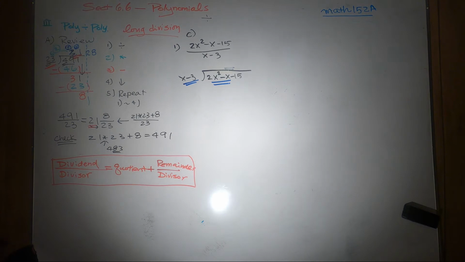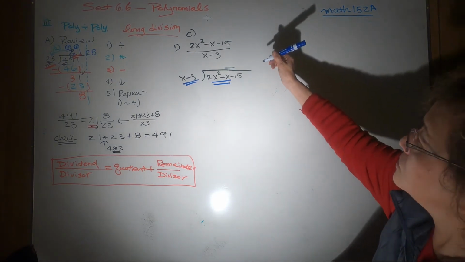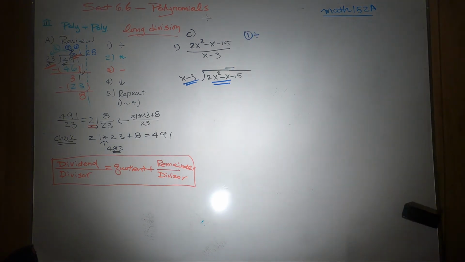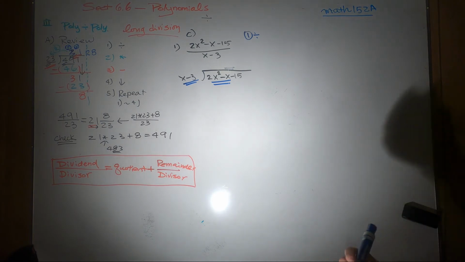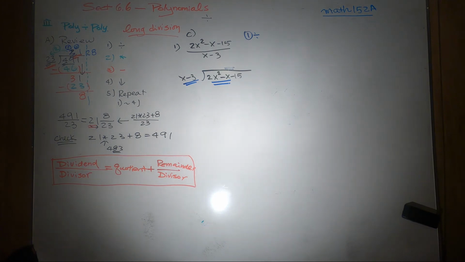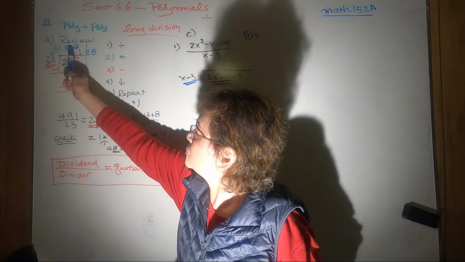So the first step, you do the divide. But how many times can you go into it? We cannot compare two terms to two terms for the variables. We can only handle one term divided by one term at a time.